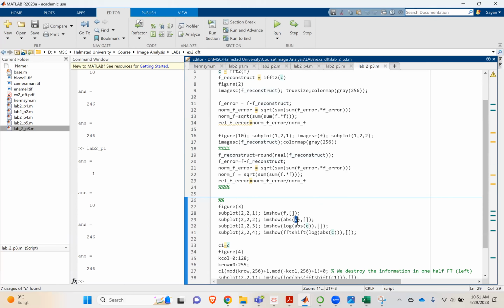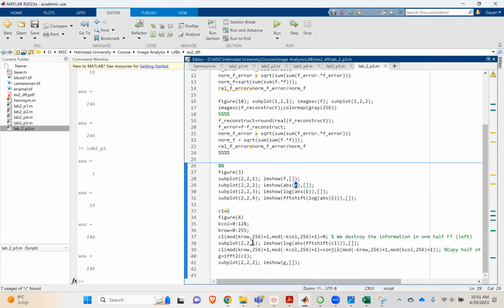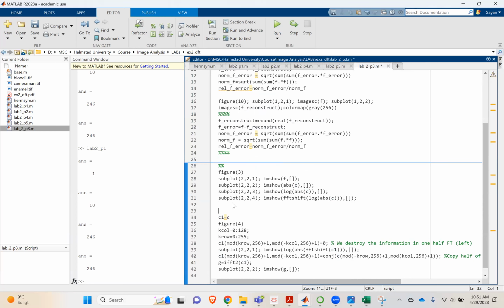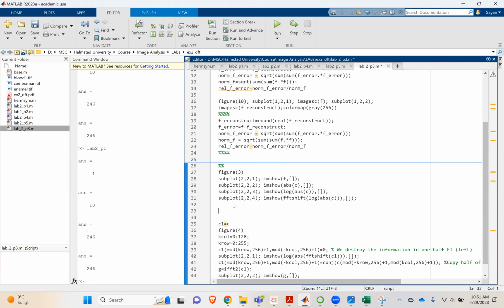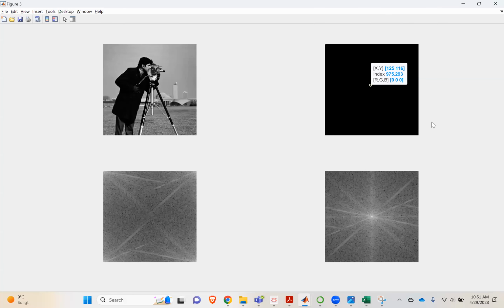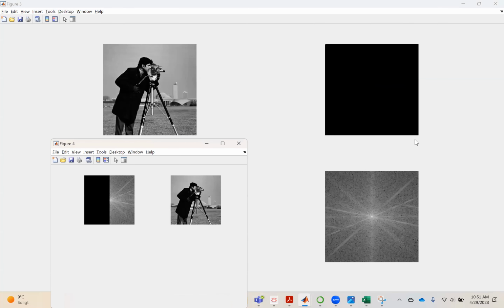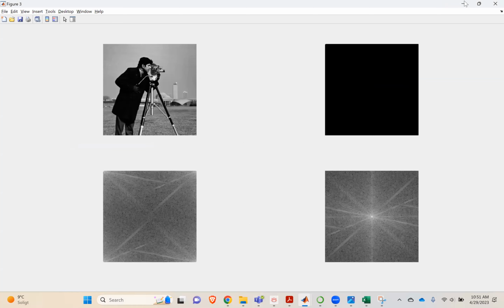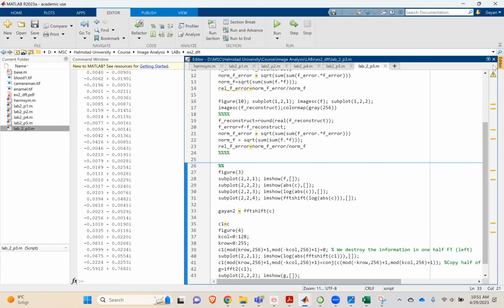We'll take C and directly do F50 shift. Yeah, okay. Now I should get a new variable called byam2.